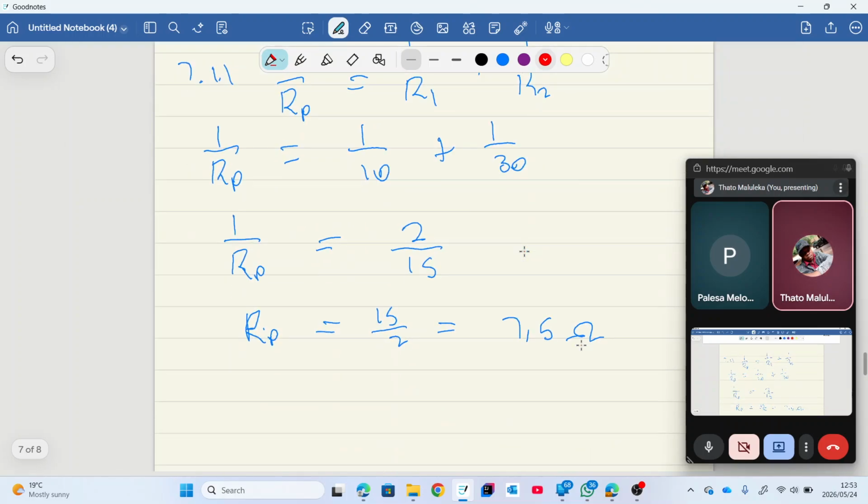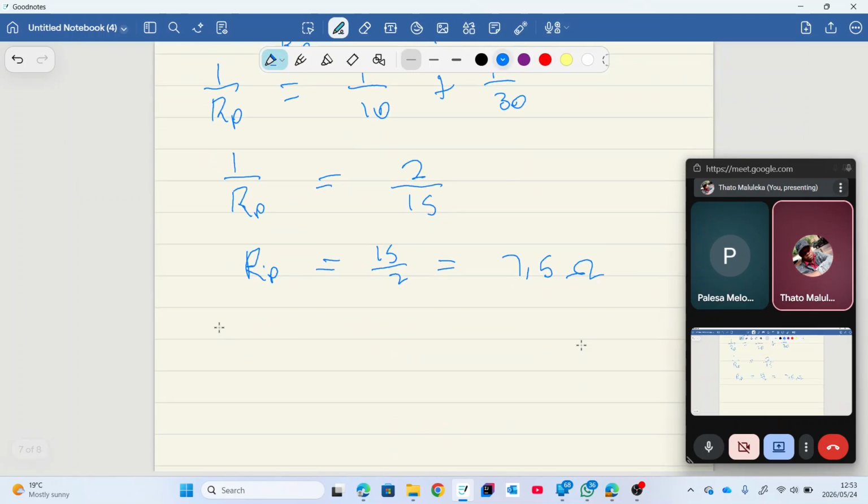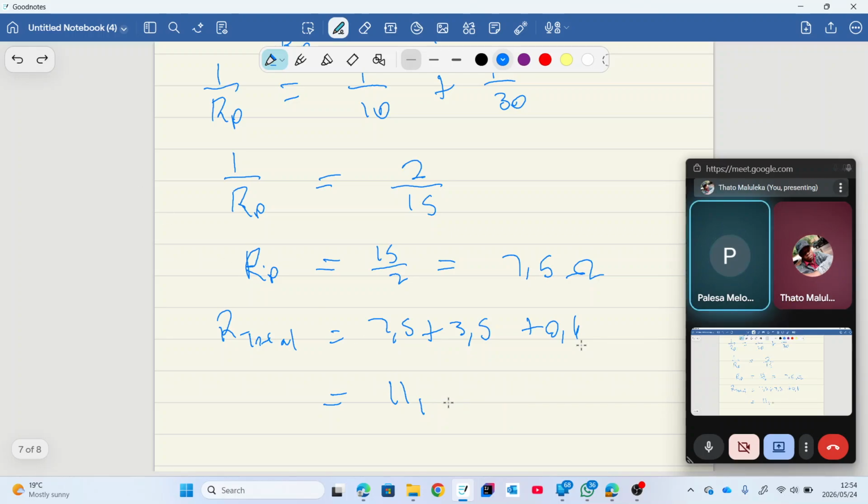So R total will be the 7.5 plus the 3.5 plus the internal resistance of 0.6. So 7.5 plus 3.5 is 11, then plus 0.6, so it is 11.6 ohms.